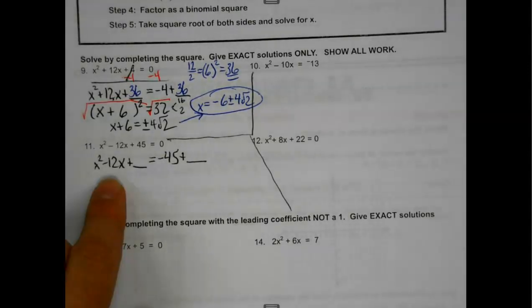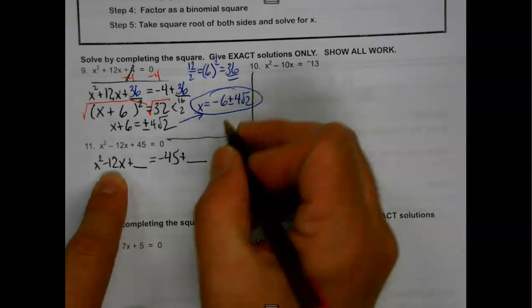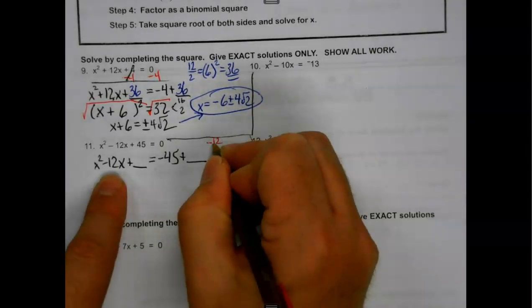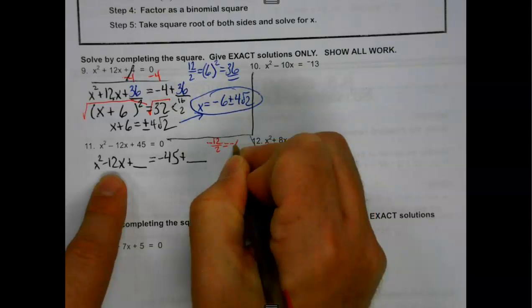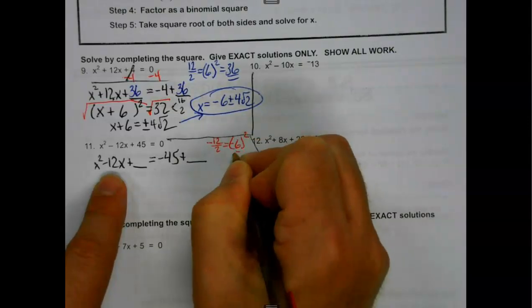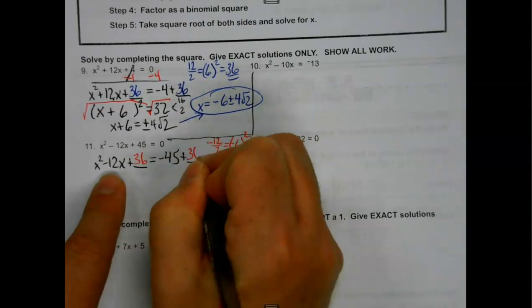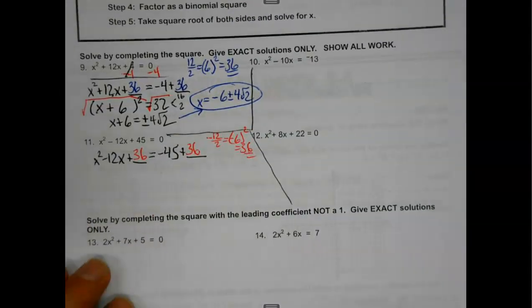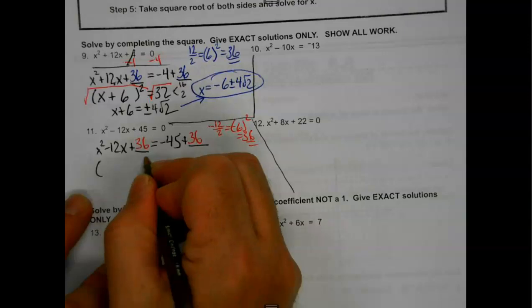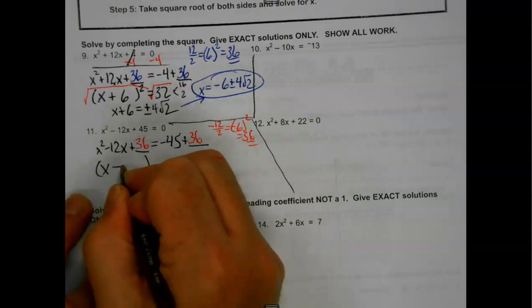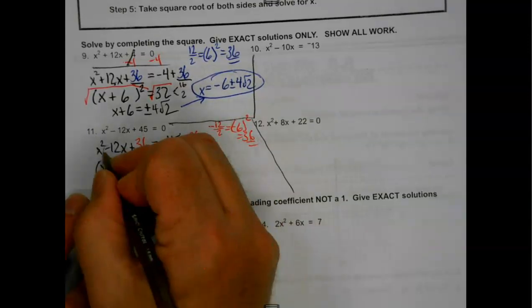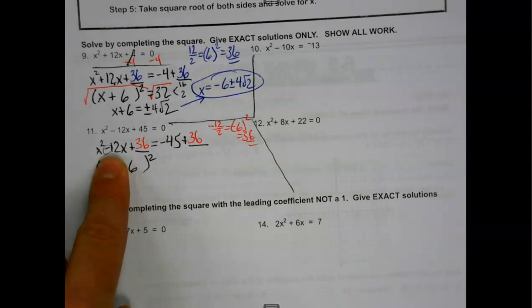Oh dear. Negative 12 divided by 2 is negative 6, but we're doing it in parentheses squared, so it is 36 again. X minus 6 squared, because again, it's half of that b value.